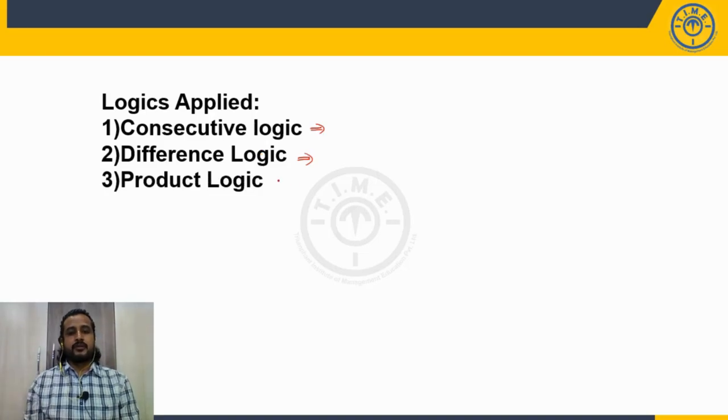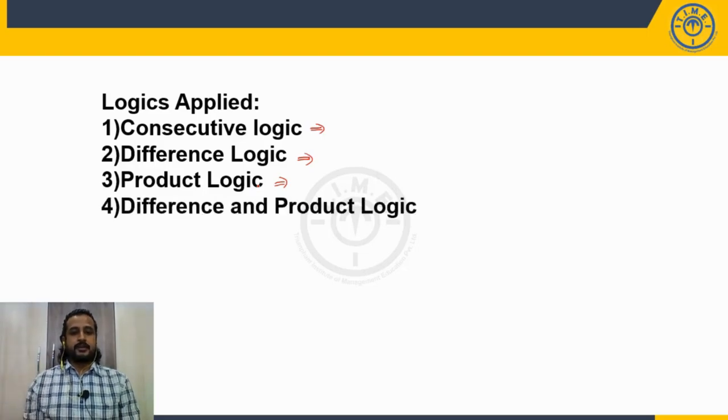Product logic. When are we going to apply the product logic? If the numbers are increasing rapidly, or there is a big jump from one number to another, or the next number is a multiple of the previous number, in those cases we apply the product logic. The fourth one is difference and product logic. If the numbers increase gradually, we apply difference.